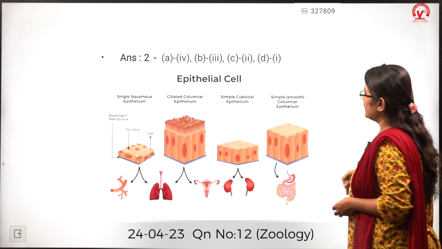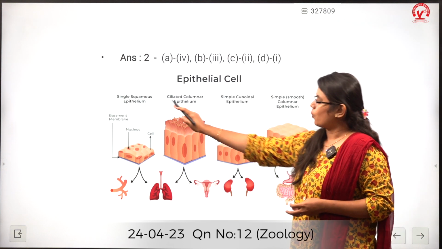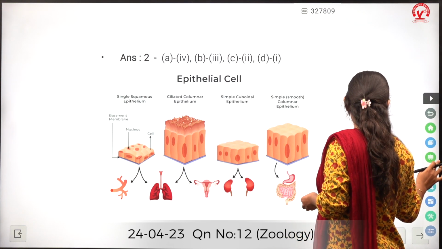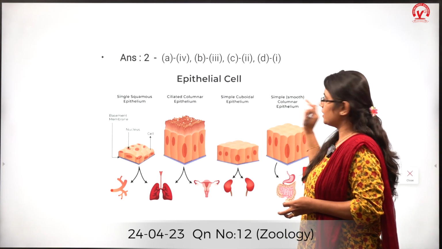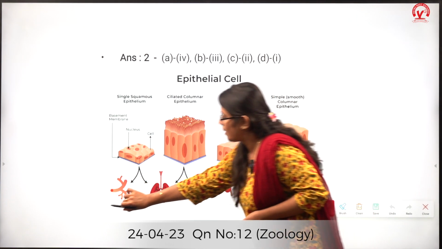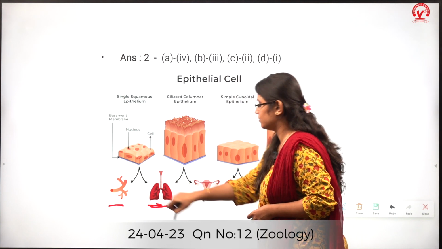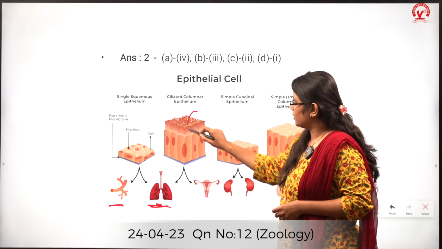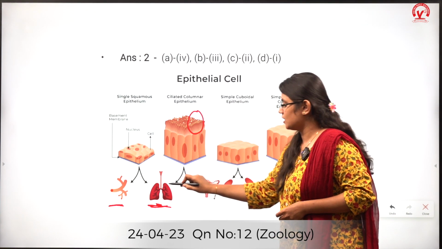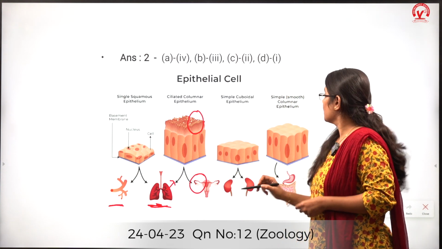So we all know that the epithelium is divided into 4 different types: squamous, ciliated, cuboidal and columnar. Squamous epithelium is present in blood vessels and alveoli of lung. Ciliated epithelium has cilia and is commonly present in bronchioles and fallopian tube.